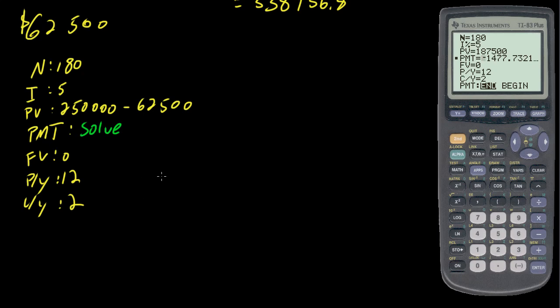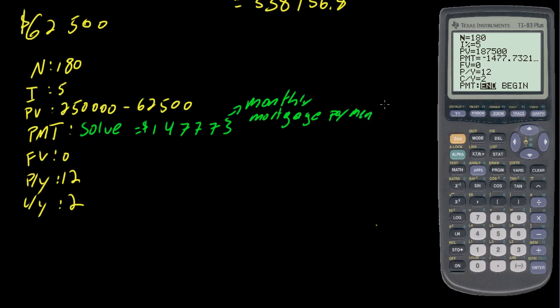And it looks like our monthly mortgage payment is going to be $1,477.73. Okay. So we got that.